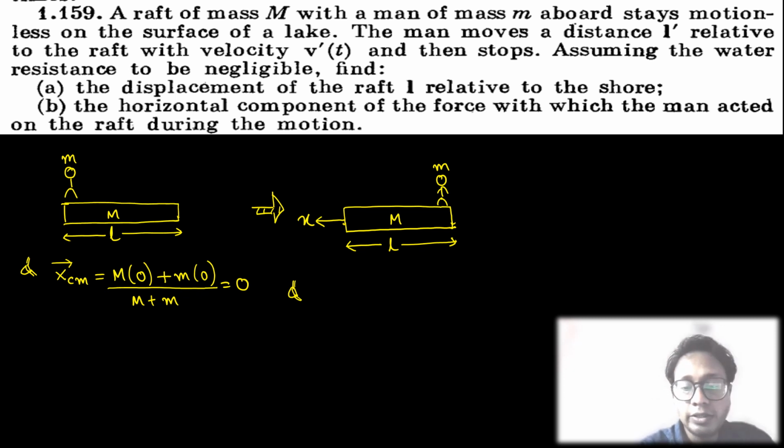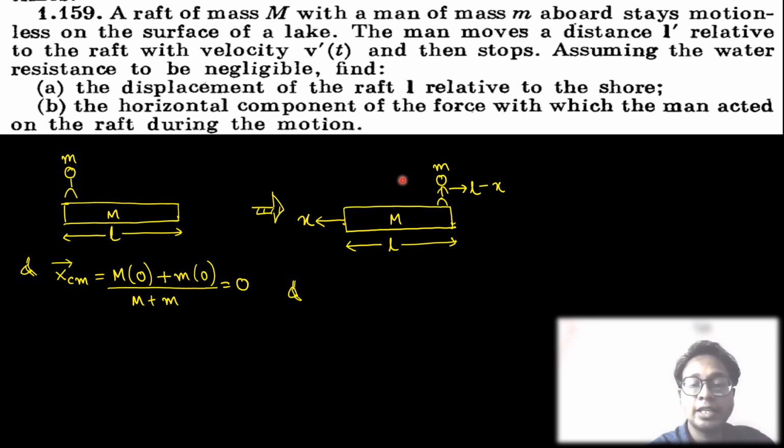The displacement traveled by this mass m is L, but according to the frame of reference of this plank. Now if I change my frame of reference to the ground, what will happen? I must add this velocity, and this velocity is in the opposite direction. So the total displacement as seen by someone on the ground is nothing but L minus x in this direction, because it should be a little bit lower than L. I can simply conserve center of mass out here.